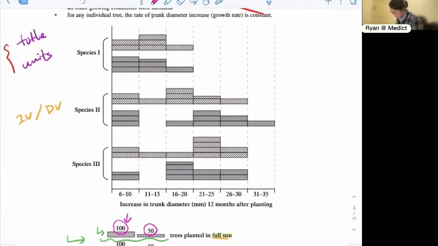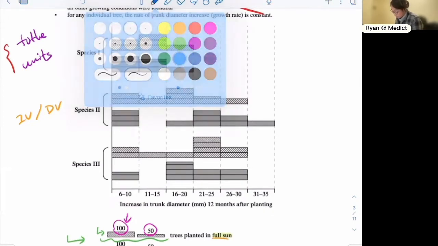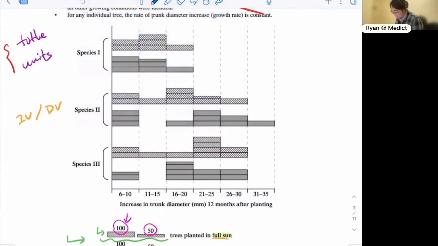Just by visually looking at it, what I would say is it will be either species 2 in part shade, so this one, or species 3 in full sun. Why is that? Okay, so let's have a look. If I were to draw a distribution curve, we start off pretty high and then it dips and then we go up again.